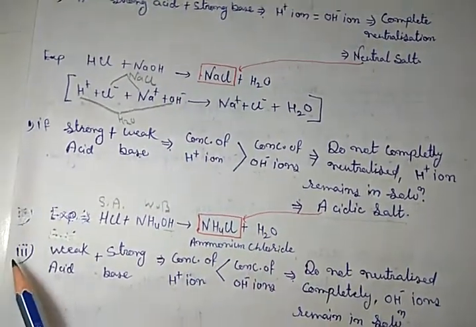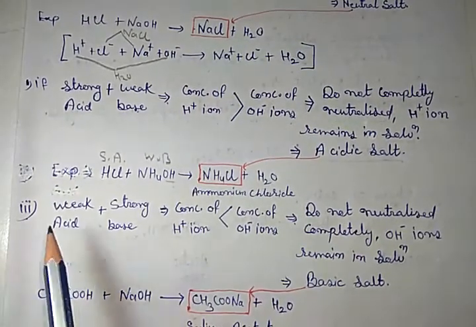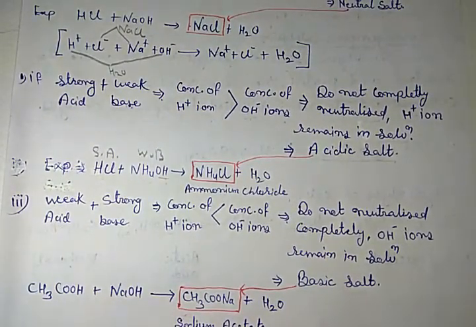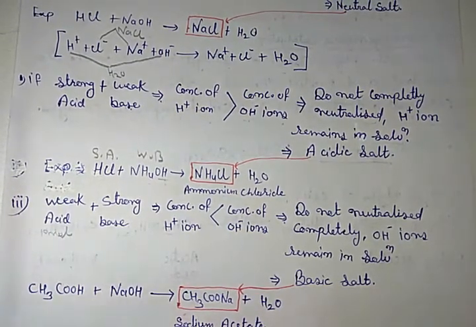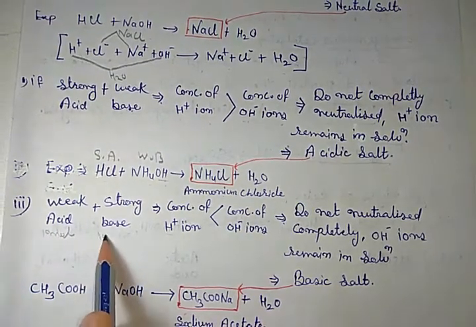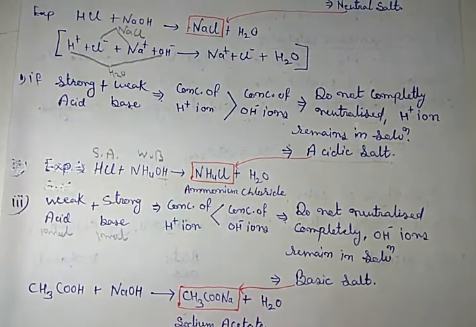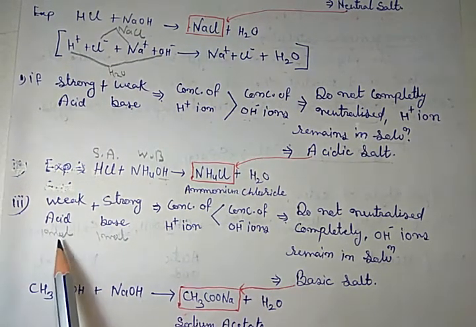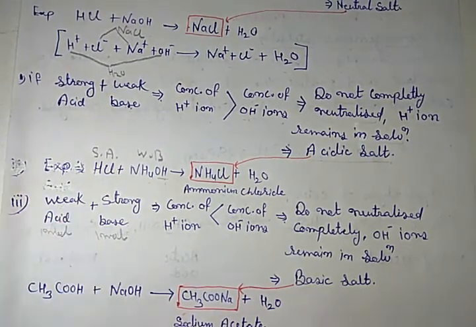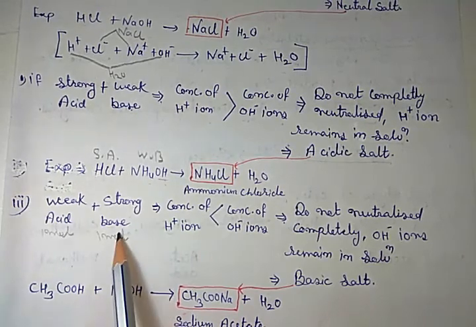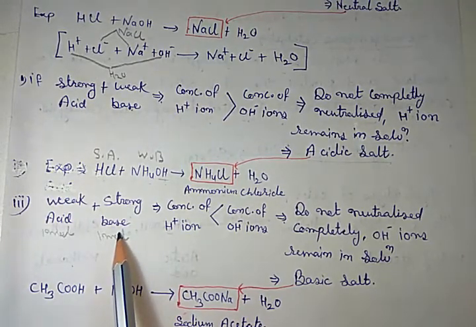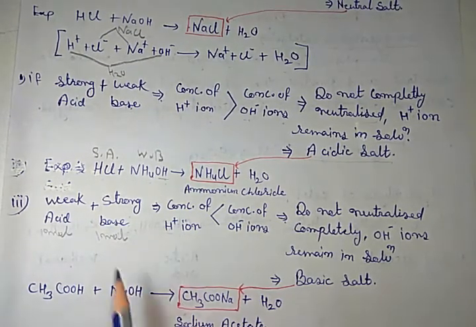If we consider the third example, a weak acid and a strong base, take 1 mole of weak acid and 1 mole of strong base. The weak acid will not dissociate completely, which means it gives fewer H+ ions, but the strong base will dissociate completely and give more OH- ions.